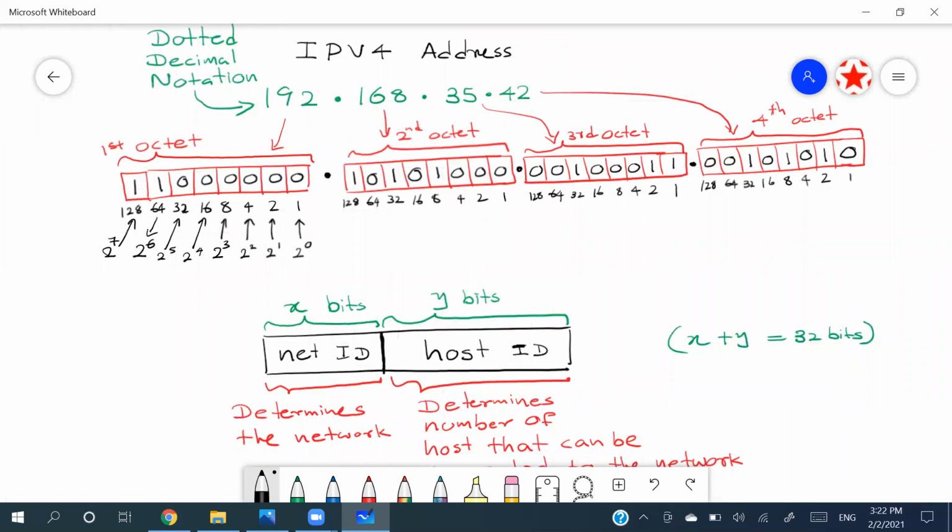IPv4 is segmented into four different sections, which we name an octet. Each and every octet contains 8 bits inside it. So there are 32 bits together inside a particular IP address, right?